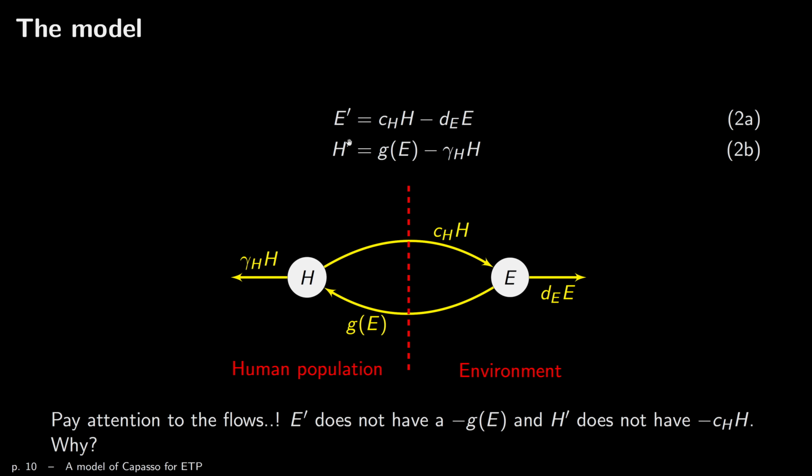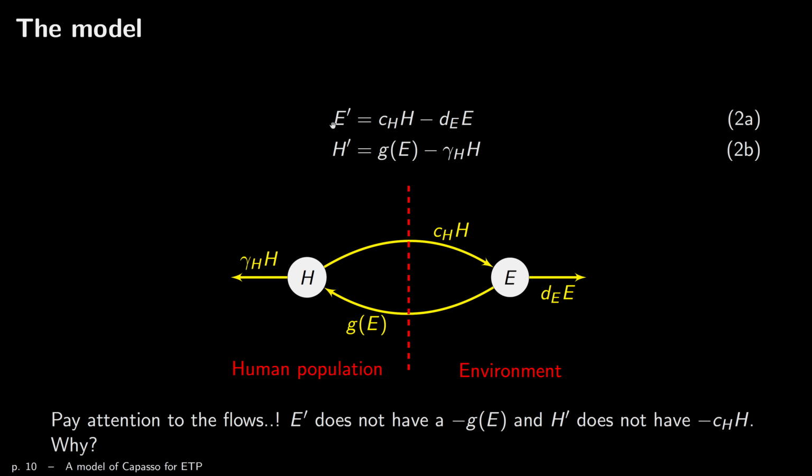So H prime is saying there's a growth, essentially due to incidence, of the number of infected humans, and that growth is dependent on how many pathogens there are in the environment. But then the number of humans infected also decreases because of recovery.